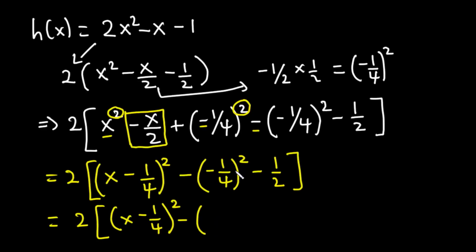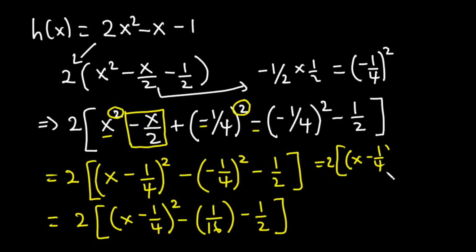Negative 1 over 4 squared is equal to 1 over 16 minus 1 over 2. So we are going to have x minus 1 over 4 all squared minus negative 1 over 16 minus 1 over 2 is equal to negative 9 over 16. And then we are going to multiply across with 2.